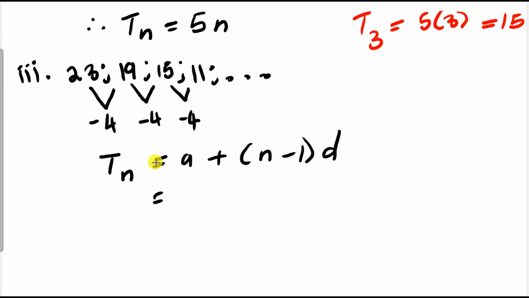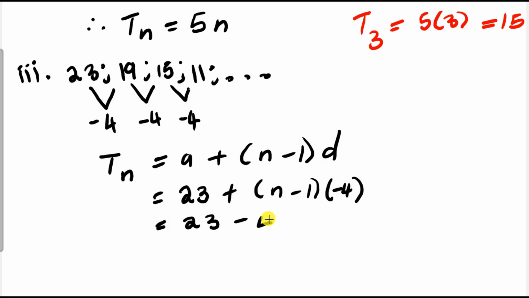What is a? The first term here is 23. What is our common difference? Negative 4. Now we have 23 minus 4n plus 4. When I look at it, we have negative 4n plus 27.